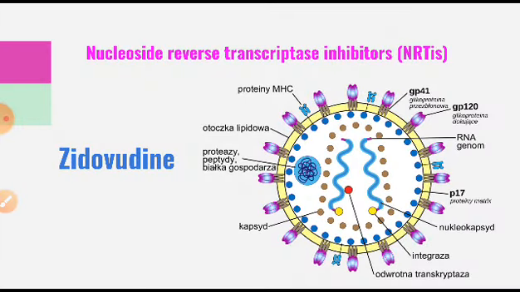The prototype drug under this category, a very much used drug, is Zidovudine. This comes under the nucleoside reverse transcriptase inhibitors. In this particular virus, there is a reverse transcription process where the DNA is being formed through RNA. Usually, the normal phenomenon is that DNA makes the RNA, meaning RNA is synthesized by the DNA.